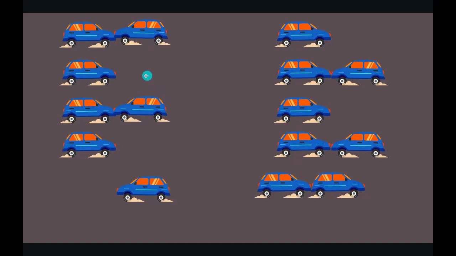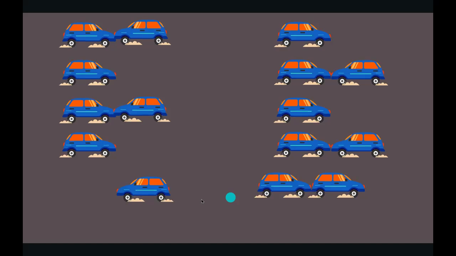Why? Because the rate of movement of cars from the left to the right is less than the rate of movement of the cars from the right to the left. Every time two cars move from here, while only one car moves from there, so the rate of the forward action going from the left to the right is less than the rate of the backward action going from the right to the left.